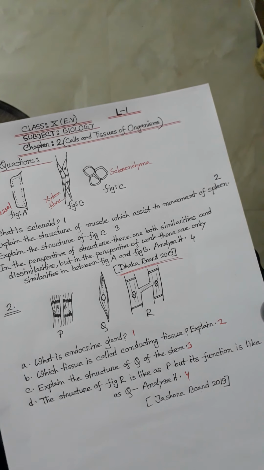These are composed of more than one type of cell. They conduct water, minerals, and prepared food. That's why they are called conducting tissue. So xylem and phloem are known as conducting tissue.